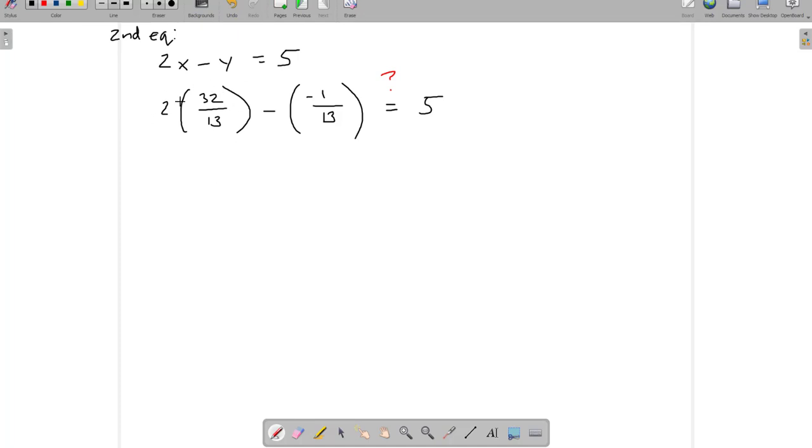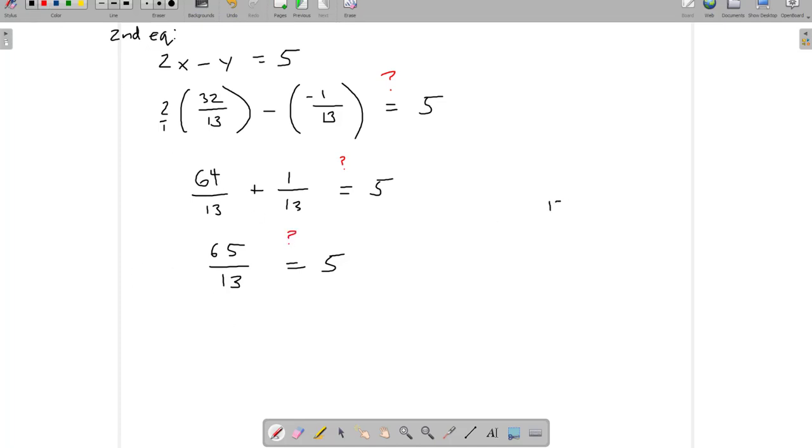So multiplying straight through on the top and the bottom, 2 times 32 is 64 over 13. Minus a negative gives me plus 1 over 13. We want to verify that this is in fact 5. 65 over 13. Does it equal 5? It does, because 13 times 5 is 65.